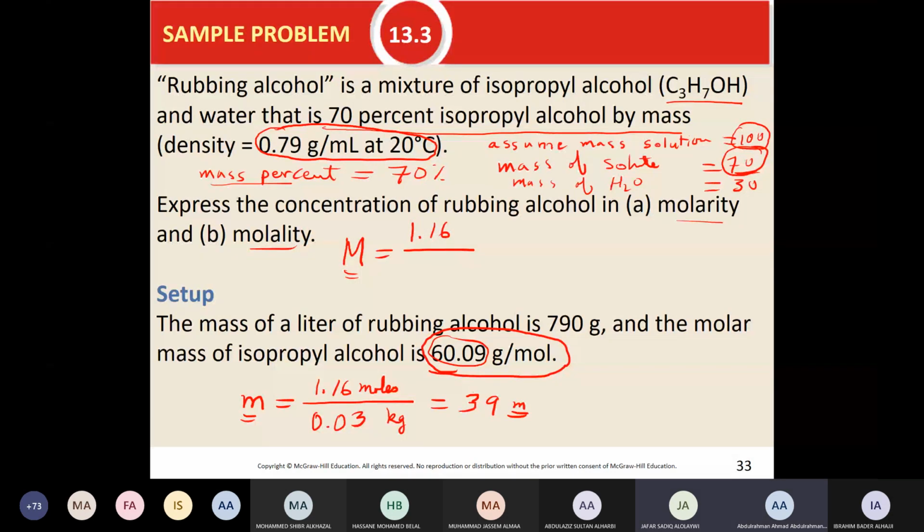Okay, what's the answer? 0.13, I think. No, it should be more than 100.